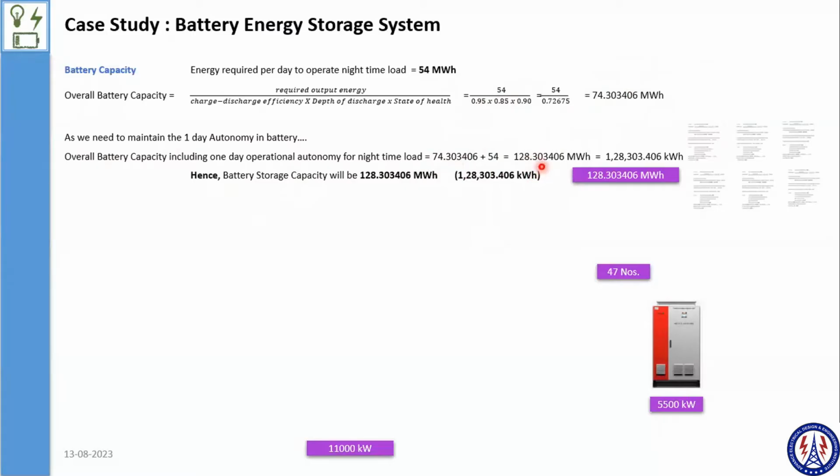So 74.303 plus 54 leads to 128.303 megawatt hour. So this is your exact battery capacity you need to plan for: 128 megawatt hour battery capacity. This will help you at the 10th year with 1 day autonomy additionally.